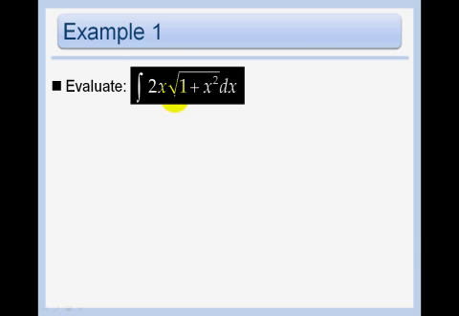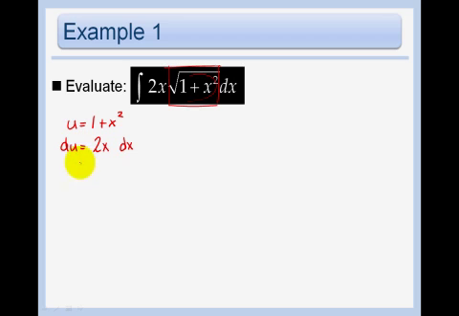So for this one, I'm just going to tell you that u is this. What's underneath of this root is the u. So we're going to say, let's let u be 1 plus x squared. If I let u be 1 plus x squared, then du would be 2x dx.